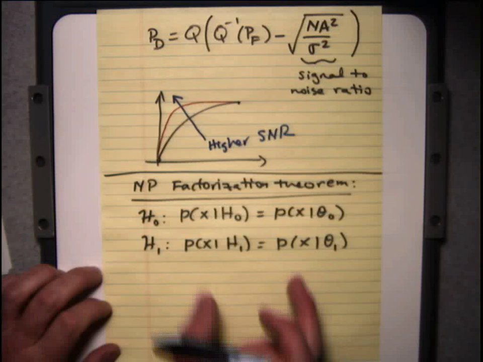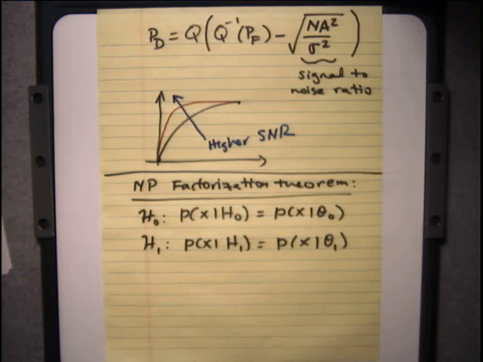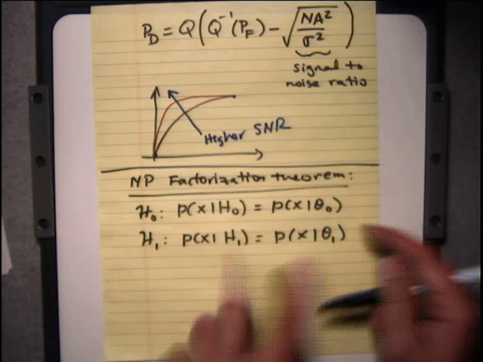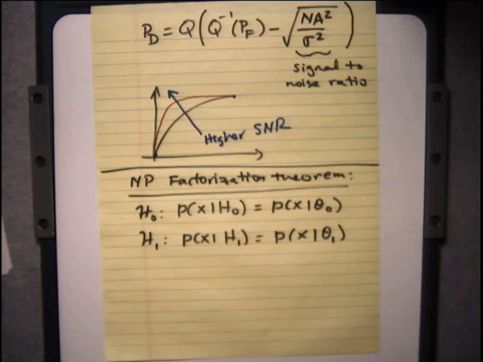Okay, so sometimes it is possible to factor this guy in a form that will allow you to write it as a product of two pieces.